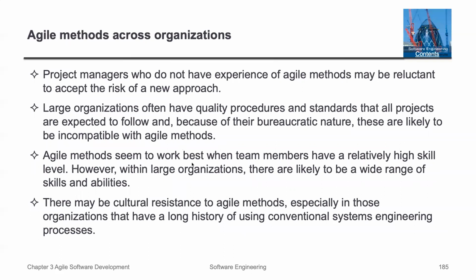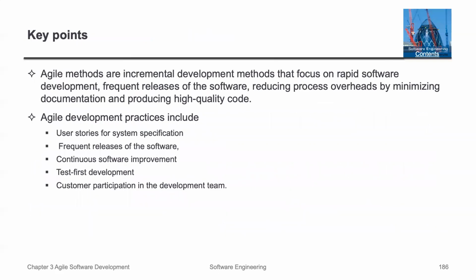Agile methods seem to work best when team members have a reliable, relatively high skill level. However, in large organizations, there are likely to be a wide range of skills and abilities. There may be cultural resistance to Agile methods, especially in those organizations that have a long history of using conventional system engineering processes.